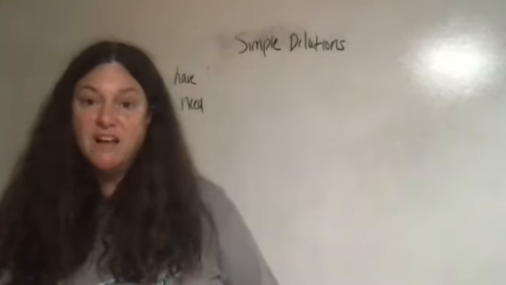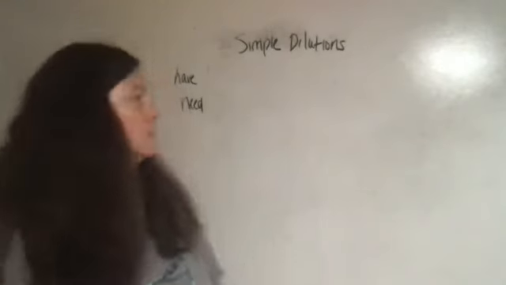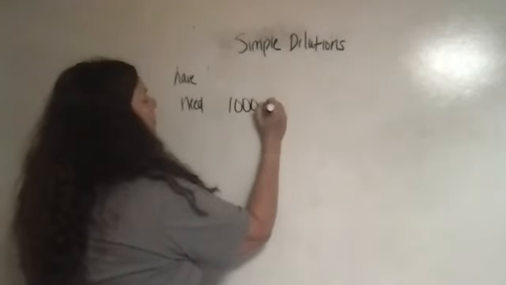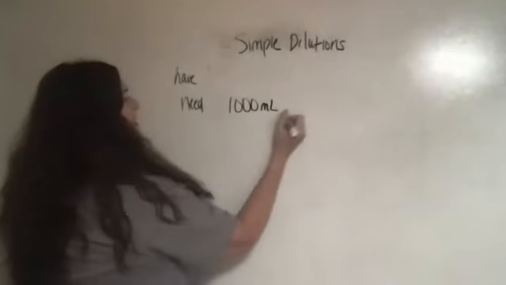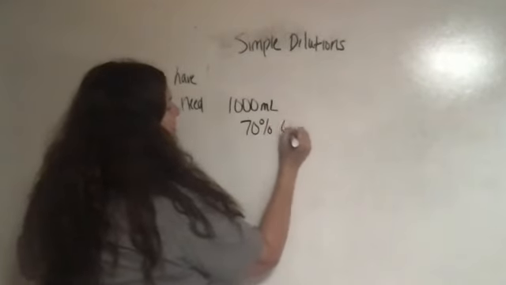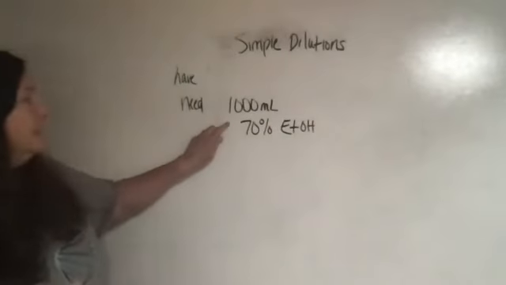Okay, so we need to make 1,000 milliliters, not microliters, that wouldn't be that much, of a 70% ethyl alcohol. This is what we need.